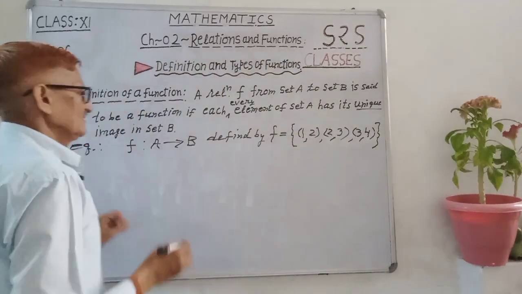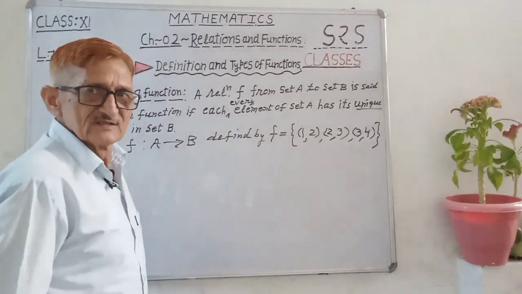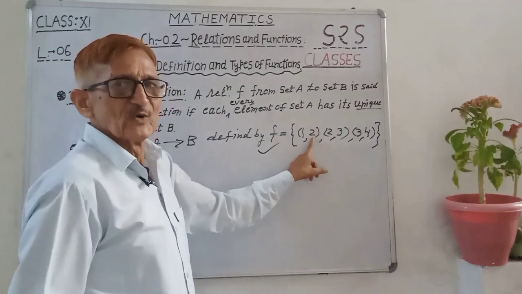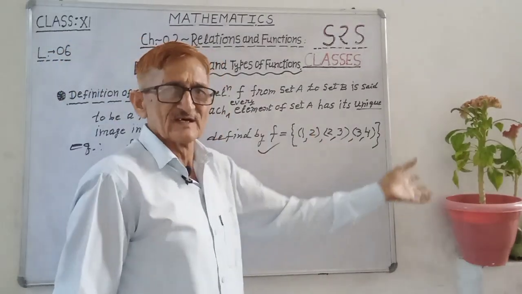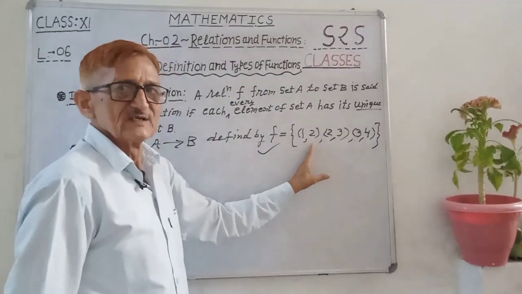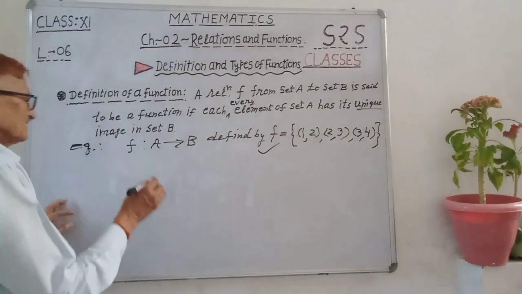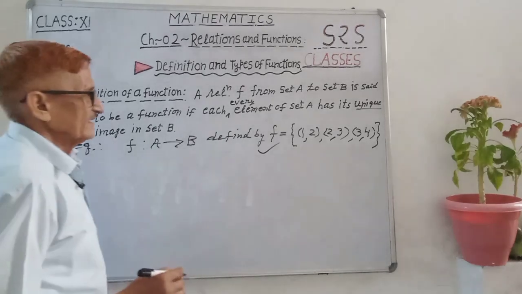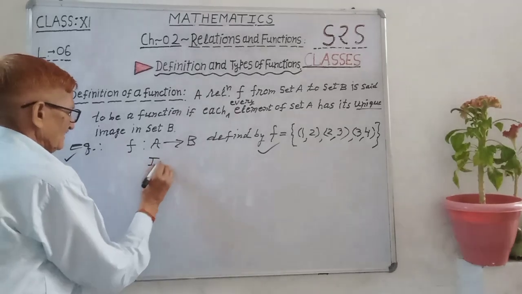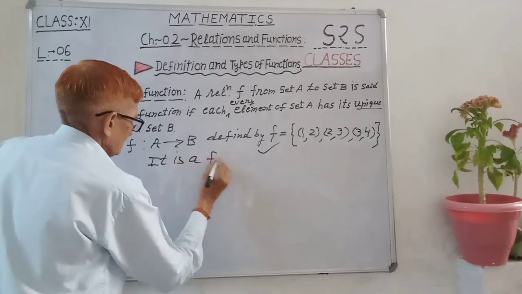This means for set A is 1, 2, 3 and set B is 2, 3, 4, 5. So this is unique: one has only one output, no other one. One has output image 2, 2 has output 3, 3 has output 4. This example is a function defined by f.